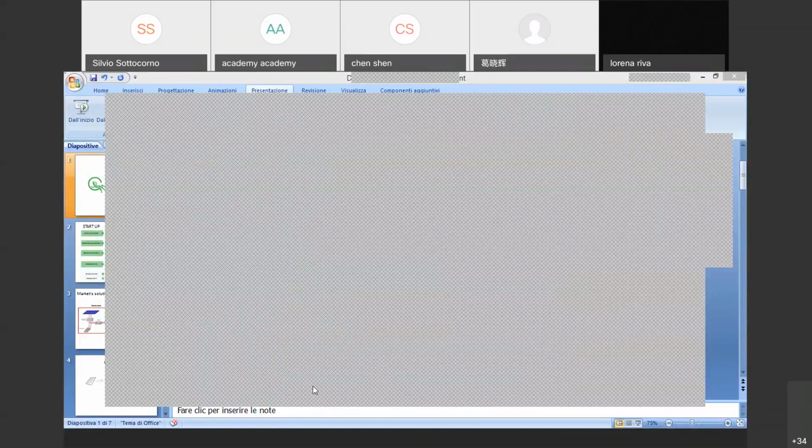If you have two devices connected, you have to mute and eliminate the audio from one. Otherwise, we have a big echo in our audio. Just one audio. I don't know why. Just a moment.